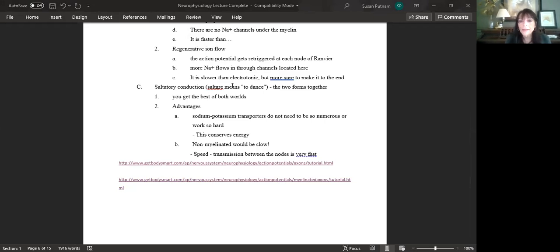But this is more about the actual conduction, refractory periods. I want you to see all of the different things that are available here for you. Ion channel protein discussion, ions, the cations and anions, the sodium potassium pump.